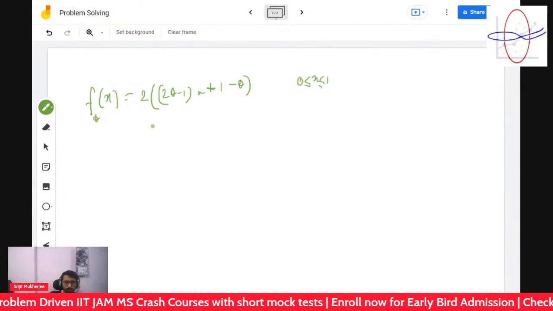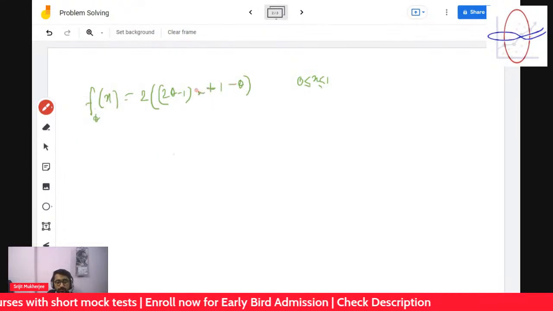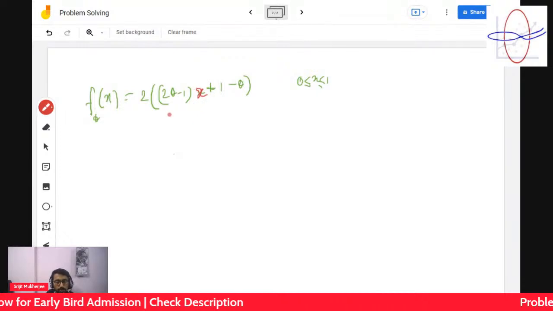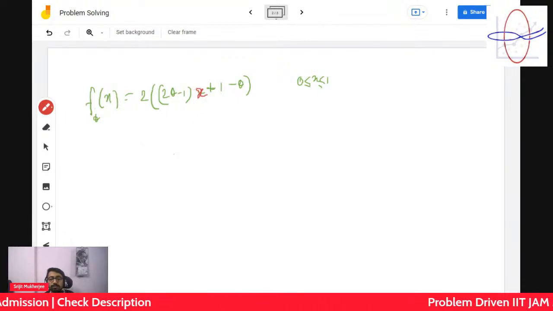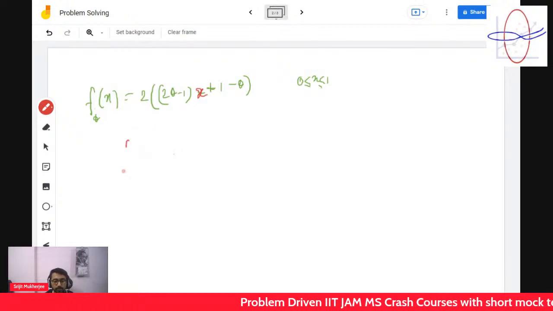Yeah. So let's integrate that. What does this mean? We don't know that. First of all, let's check whether this is a valid PDF or not. Can you just check if it's a valid PDF by doing integration?